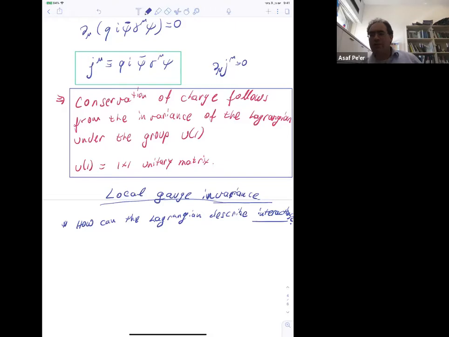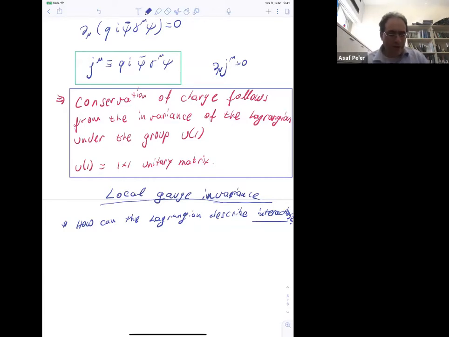Is there any principle which tells us which interactions a particle can undergo? We know that some particles undergo certain interactions and do not undergo other interactions. Some particles interact via the strong force and some others do not.